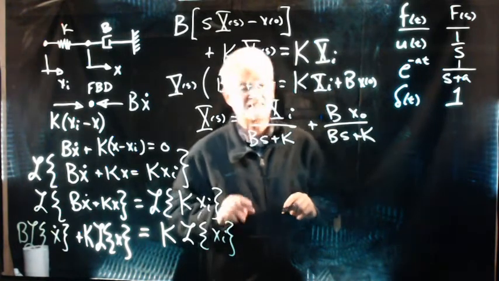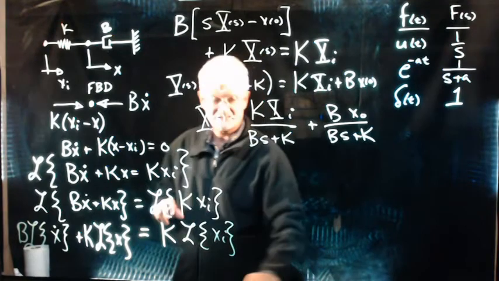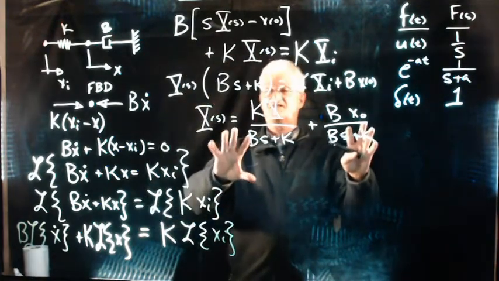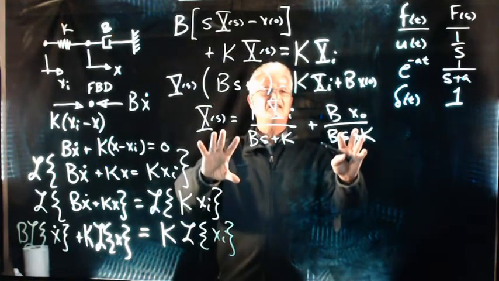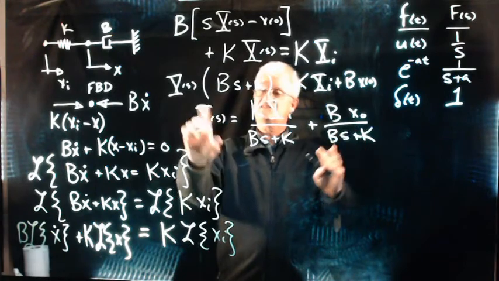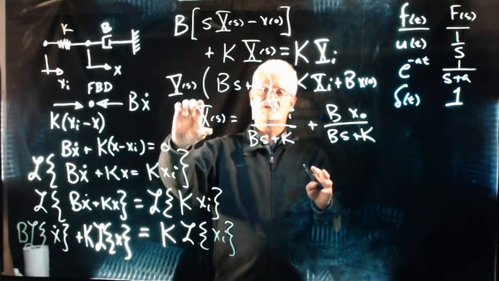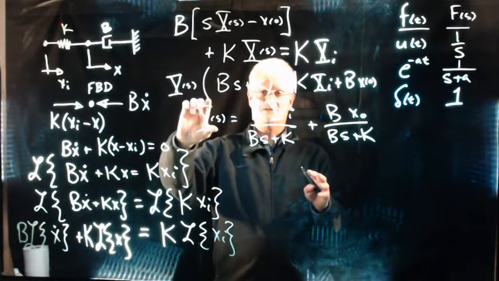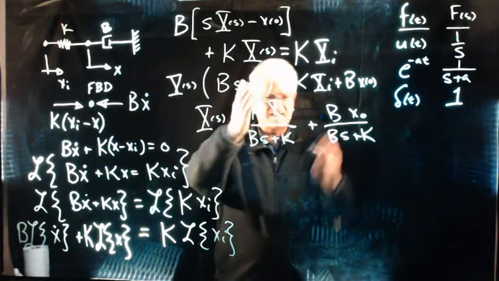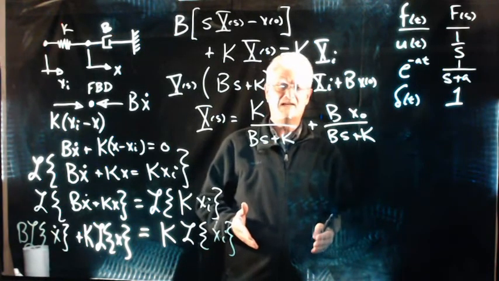One of the things I want to point out is that we've broken this thing up in such a way that this is the Laplace transform of the solution. If I know how to do the inverse Laplace transform, I'm going to be in good shape because I can just invert these Laplace transforms.